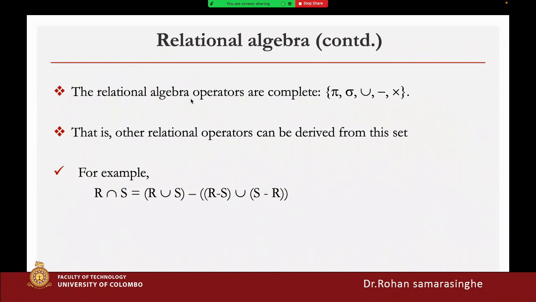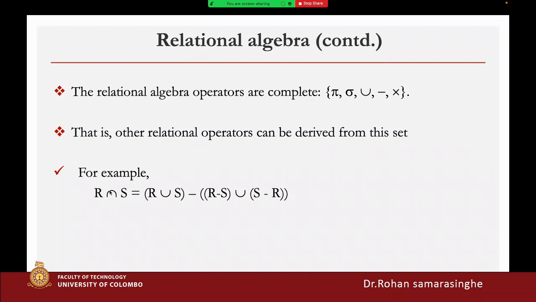In relational algebra, the operations are complete. Actually, the five are project, select, union, difference, and Cartesian product. That is, other relational operations can be derived from this set.